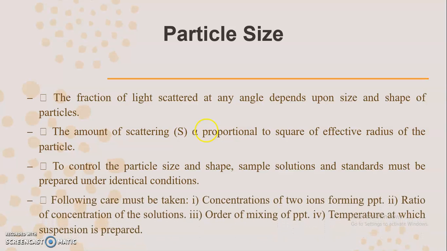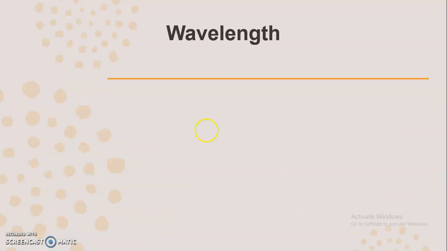Now we have to take the following care to carry out effective nephelometric as well as turbidimetric analysis: concentration of two ions forming precipitate, ratio of concentration of the solutions, order of mixing of the two precipitates, as well as the temperature at which suspension is prepared. So this is about the particle size.